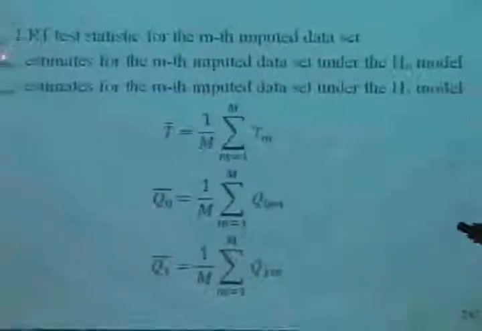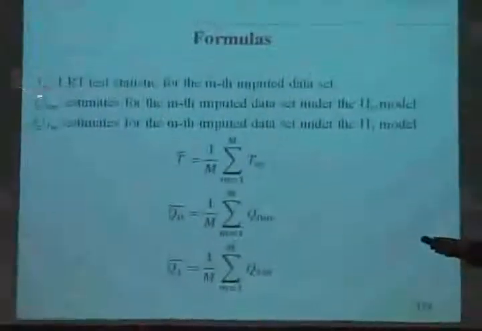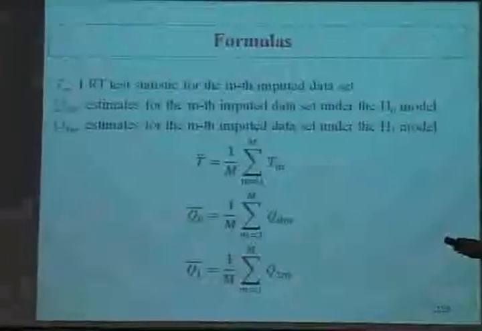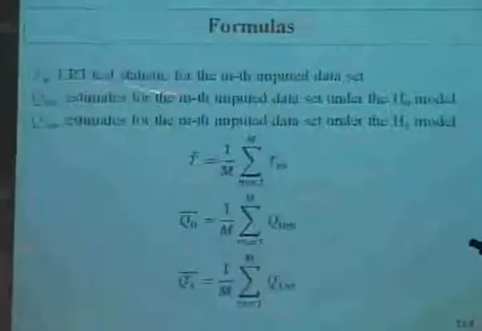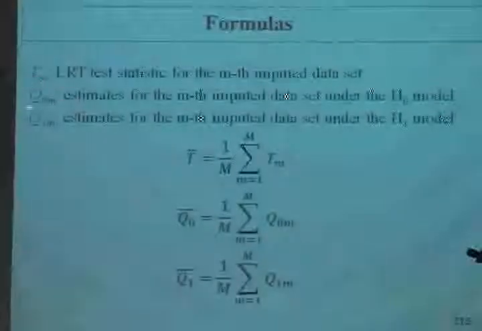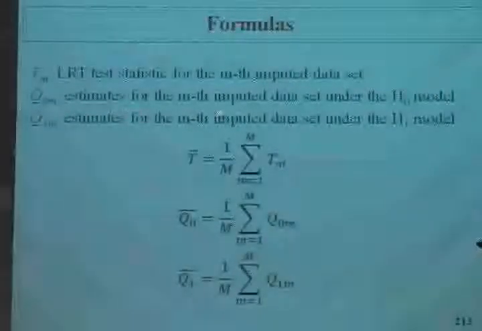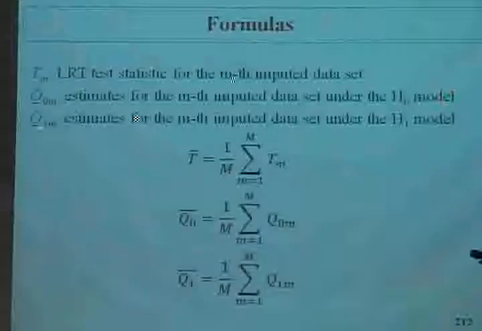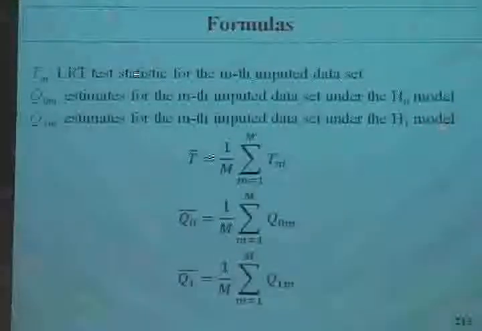So here are Rubin's beautiful formulas. As Ben said, the likelihood ratio test we denote by TM. For the mth imputed data set, we compute the chi-square test. Q0m are the estimates for the H0 model, Q1m are the estimates for the H1 model.